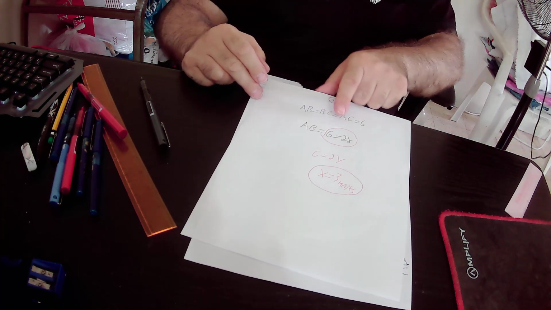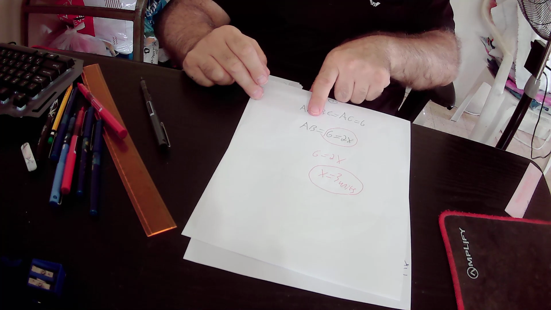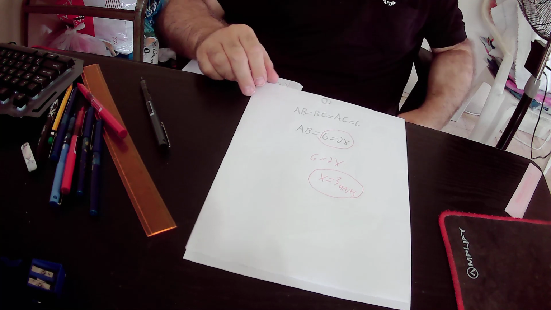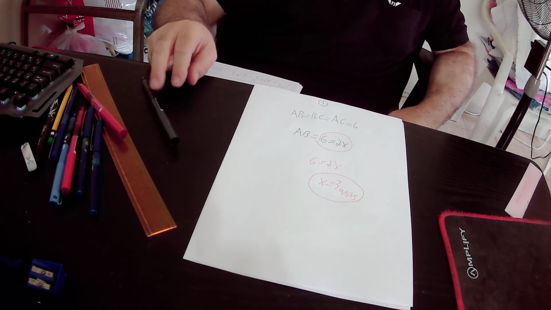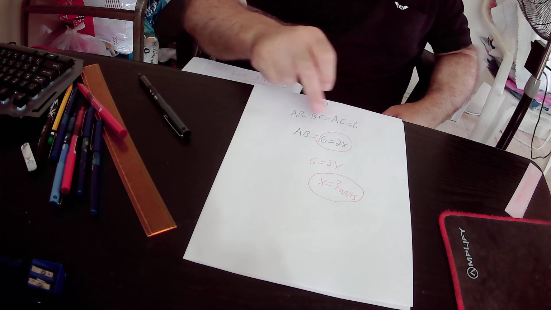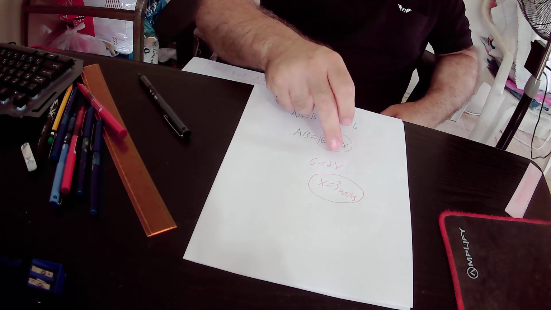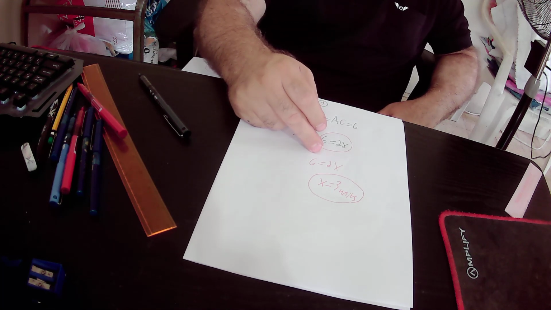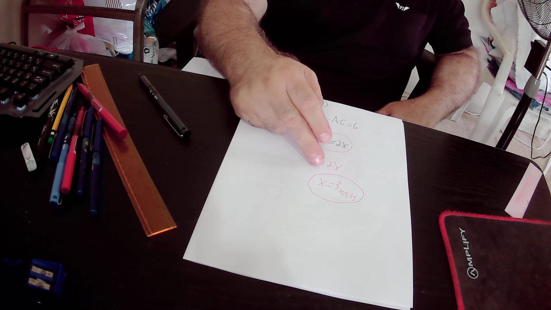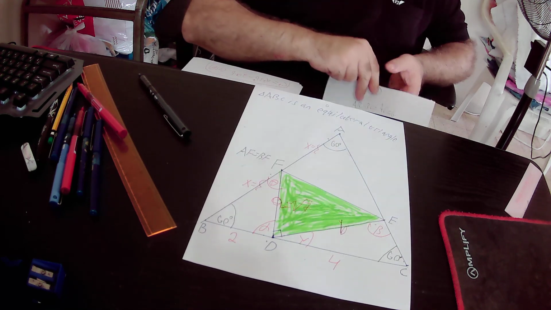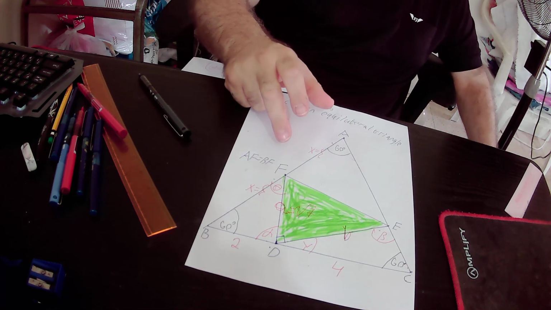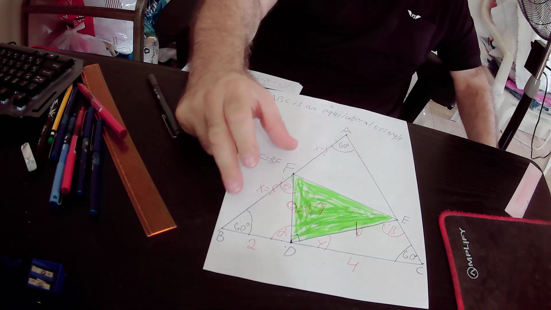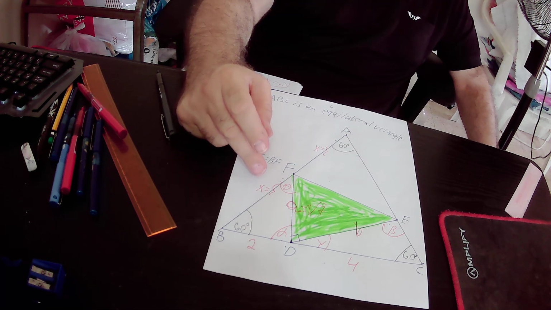For one side AB equals 6 units, and from the other side AB equals 2X. We can conclude that 6 equals 2X, and dividing by 2, we get that X equals 3 units. That means AF equals 3 units, and BF also equals 3 units.